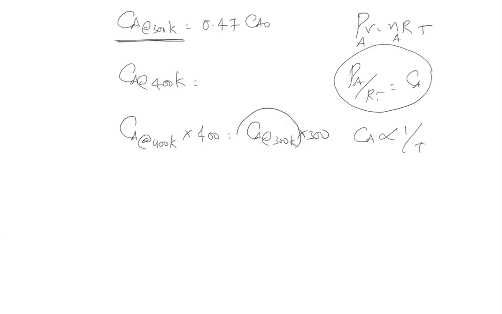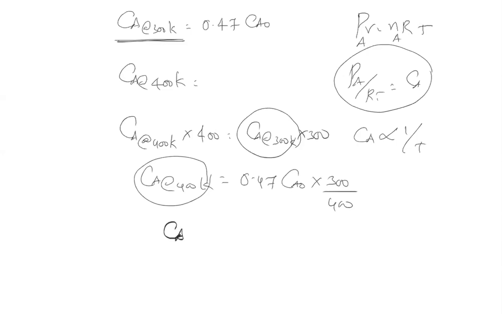CA at 300 Kelvin is 0.47 into CA naught, so CA at 400 Kelvin is 0.47 into CA naught into 300 divided by 400. So the outlet concentration divided by the inlet concentration CA naught is 0.47 into 300 by 400, which is 0.35.